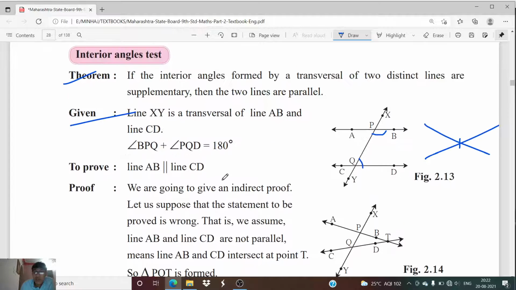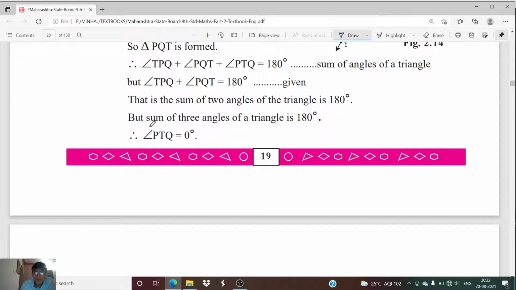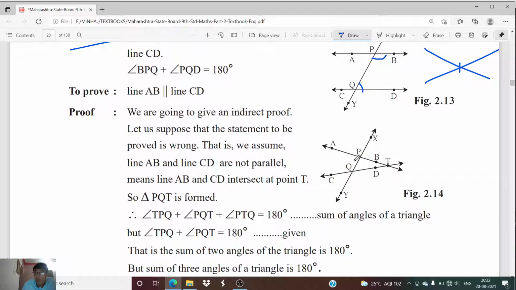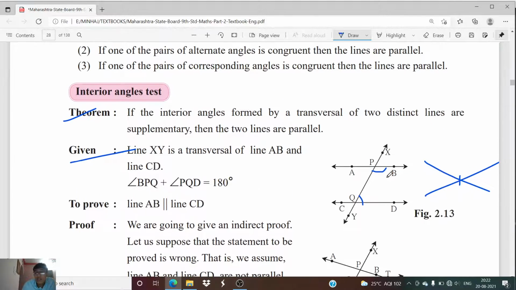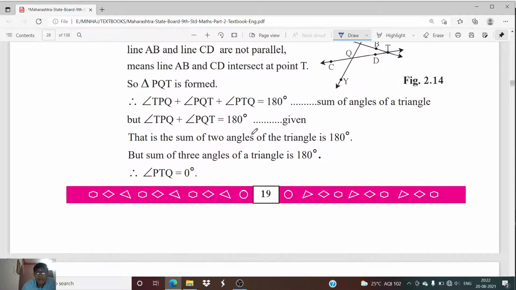Now what is given to us is that angle TPQ plus angle PQT is 180 degrees. So the sum of two angles of the triangle is 180 degrees, but the sum of three angles of a triangle is 180 degrees. So angle PTQ is equal to 0 degrees.